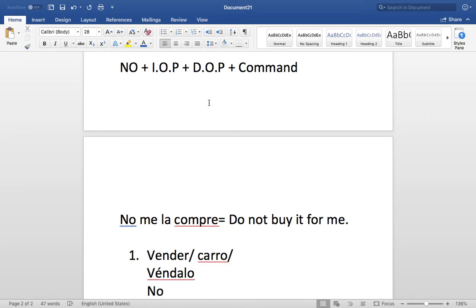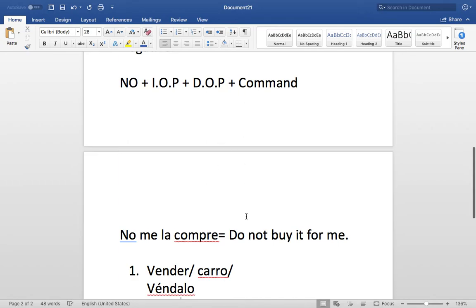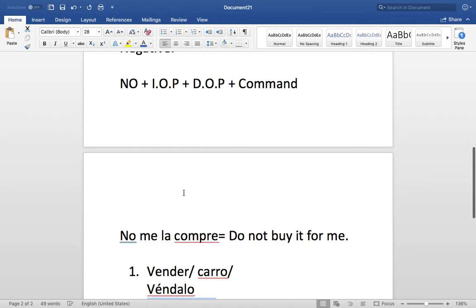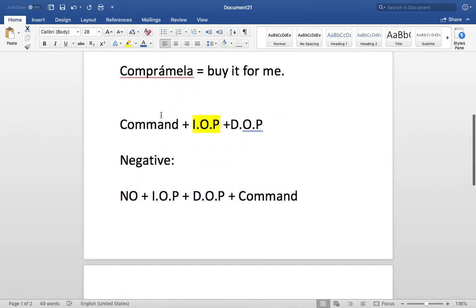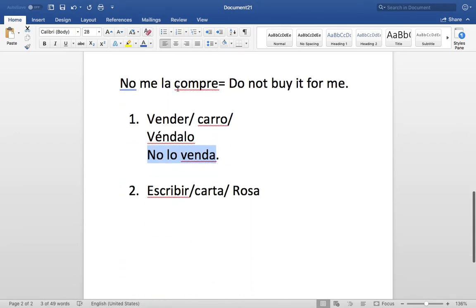What's the direct? Direct is carro. We replace it with lo. And what is the command? The command is vender. No lo venda, okay? You do not attach anything when the command is negative, but you do attach every single thing when the command is affirmative, okay?